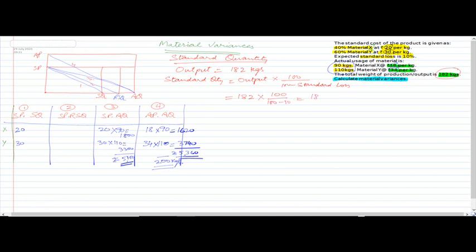It is 182 into 100 divided by 90. This comes to be 202.22 kgs. This is your total standard quantity, 202.22.